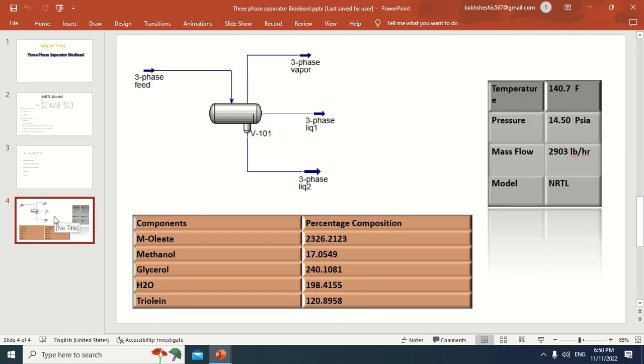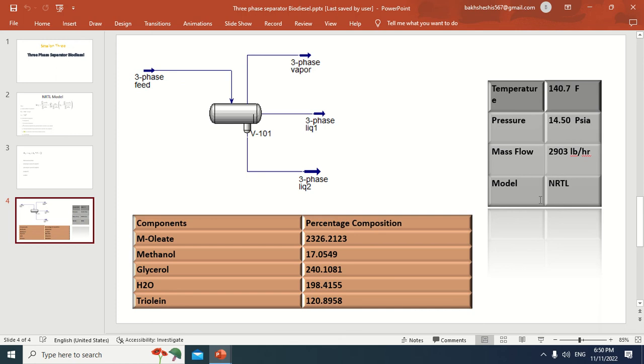This is the three-phase separator, temperature 140, pressure 14, mass flow 2,903, and we select the NRTL model for this simulation.